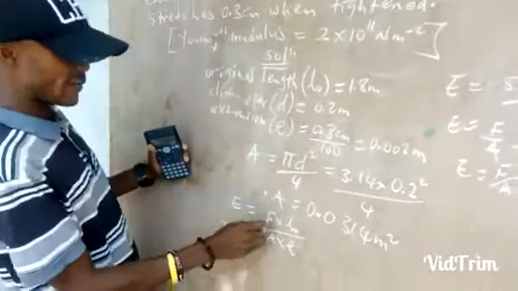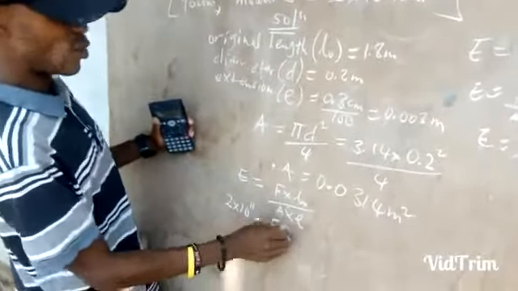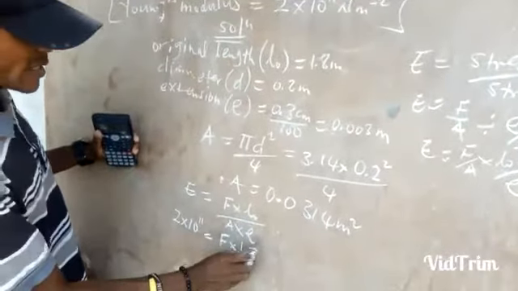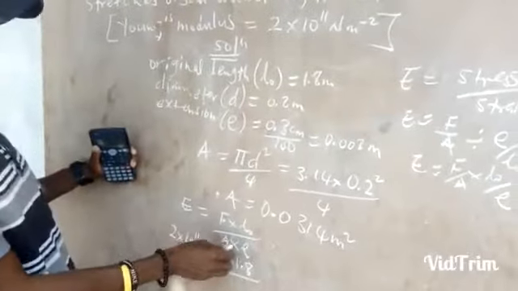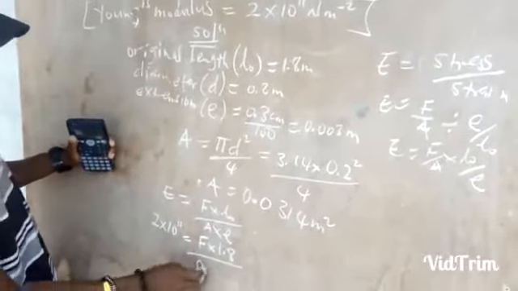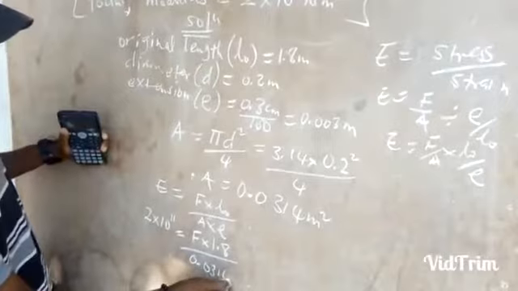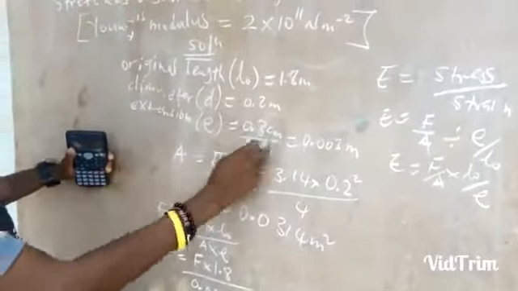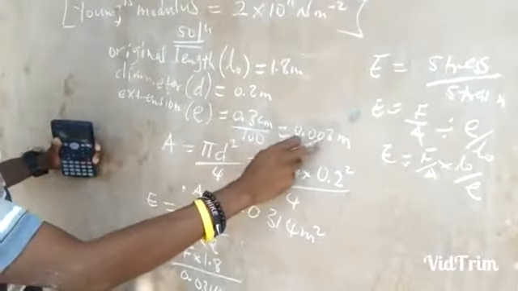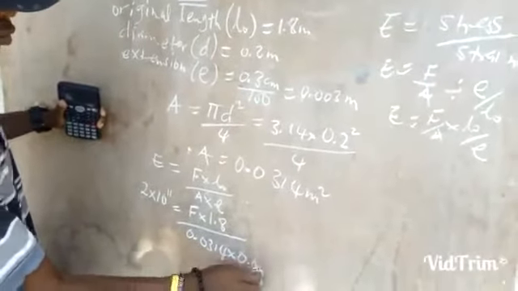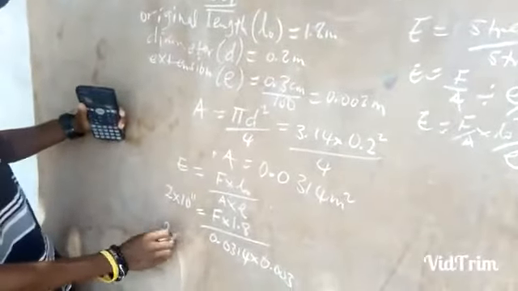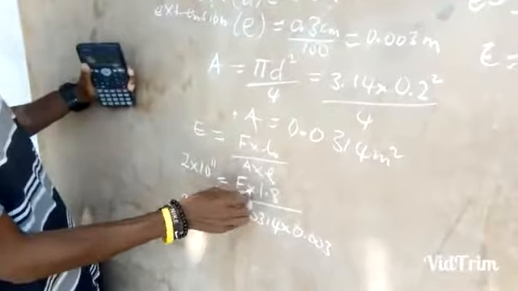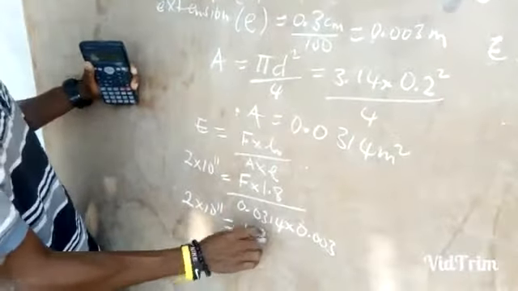So the force times the original length, 1.8, divided by the area, 0.0314, times the extension, which according to the conversion we did is 0.003. That gives us 2 times 10 to the power 11 equals F times 1.8, which is 1.8 F.